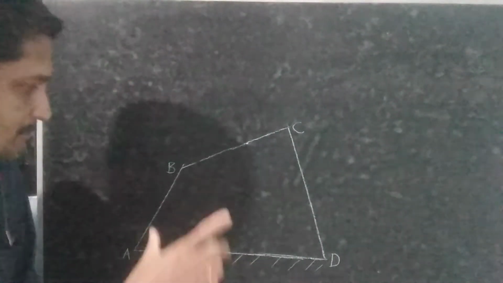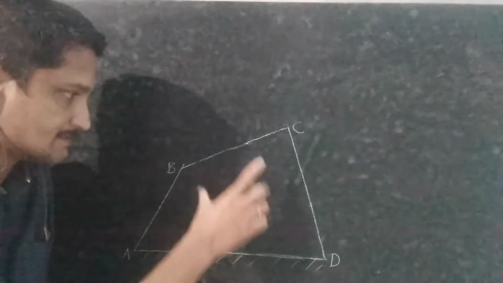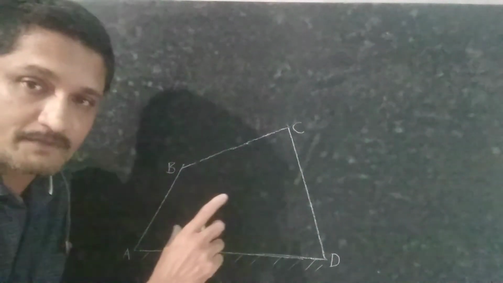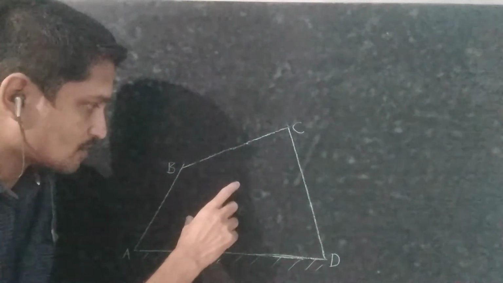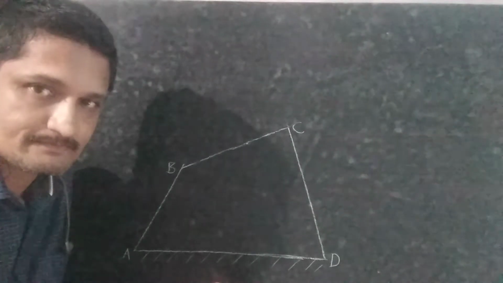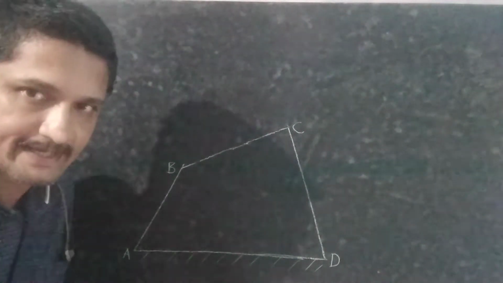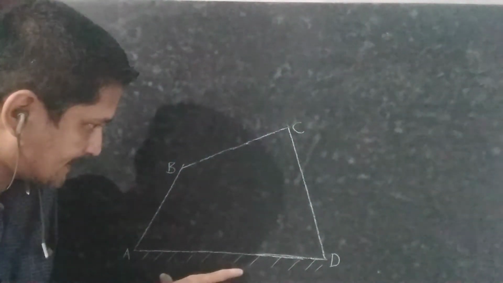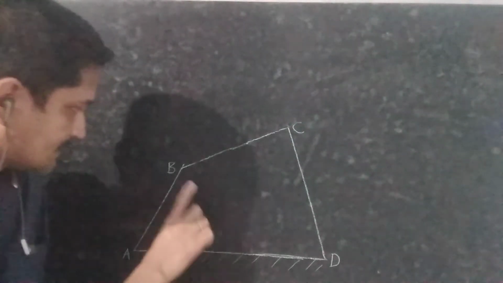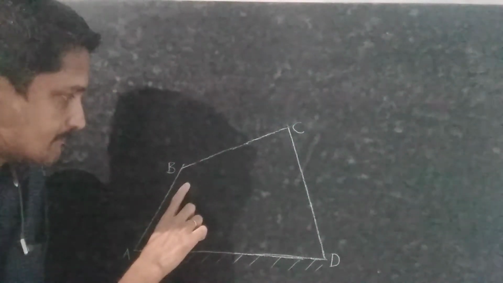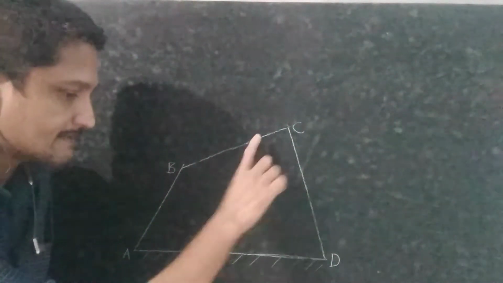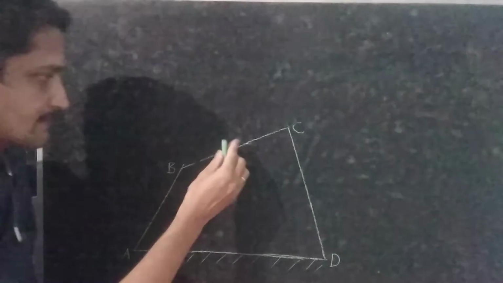Here, the 4-bar mechanism is like this. First, we have to draw the space diagram with some scale. Here, AD is equal to 600 mm, AB is equal to 300 mm, BC and CD both are 360 mm each.